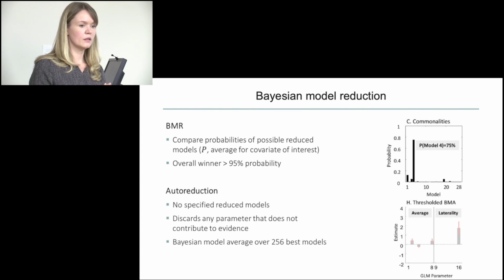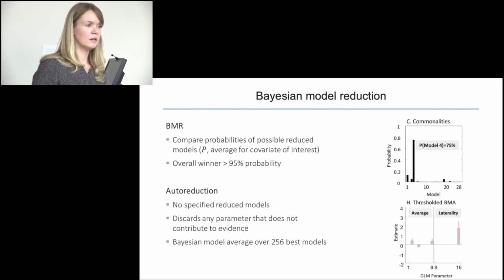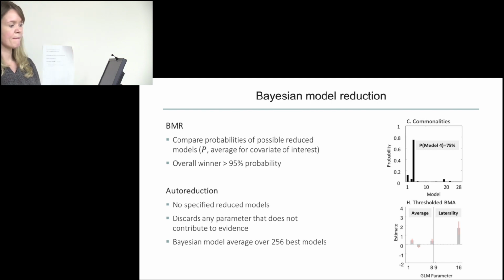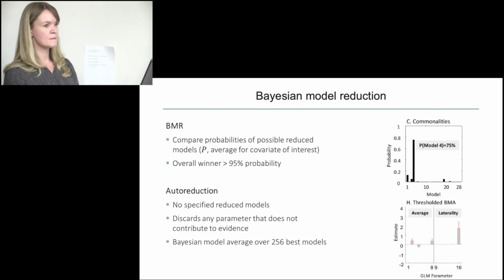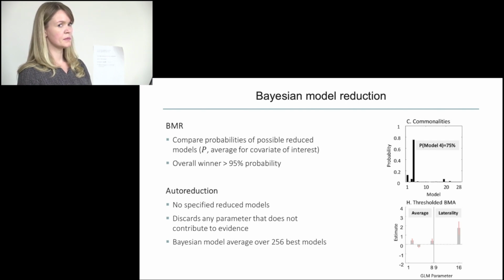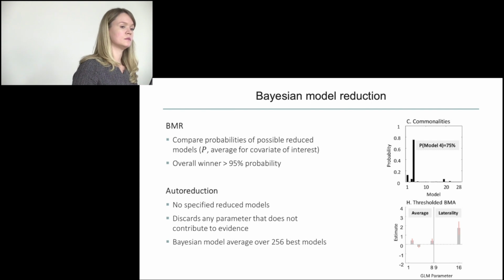So what defines the model is its connectivity, basically, right? Yes. So the full model is everything connected to everything with all parameters activated. But when you do your BMR, some of these parameters explain nothing, right? So the reduced model is the model that basically explains the most with the least amount of connections. It's not quite a tree structure because it's starting from the fully connected model, and then they're pruned models, right?